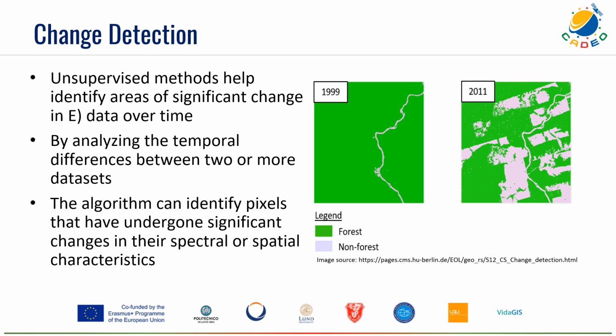These changes might indicate deforestation, the loss of forest cover, urban expansion, like growth of human settlements, or natural disasters like floods or wildfires. This helps detect potential areas of change before they become visually apparent in the data, which is called early detection, and enables large-scale analysis.